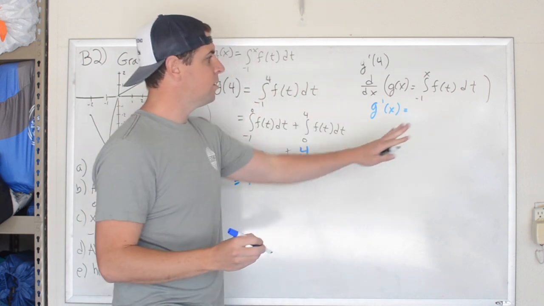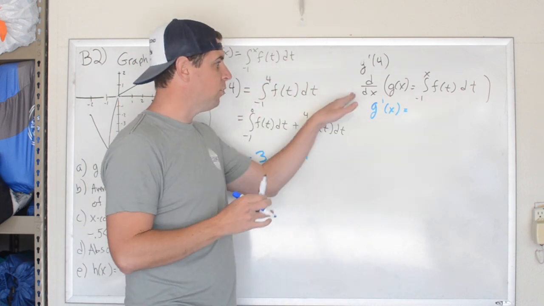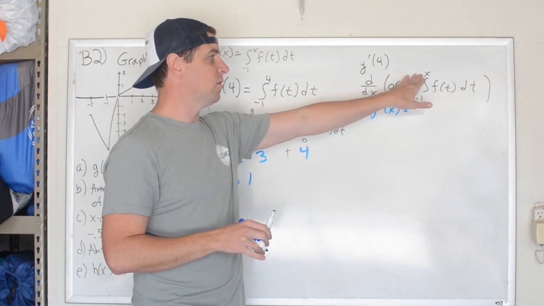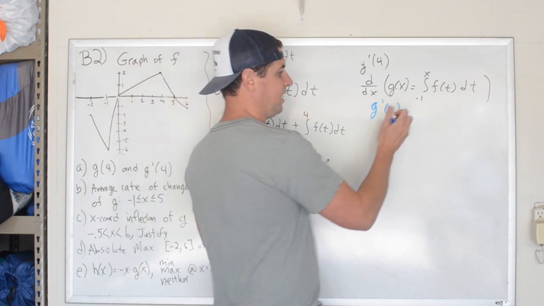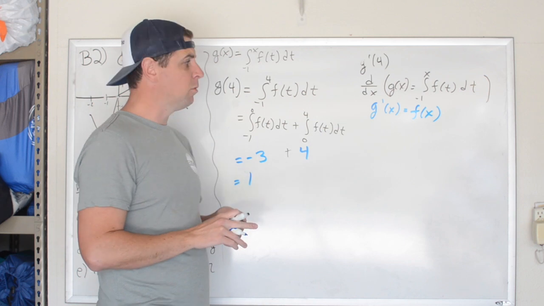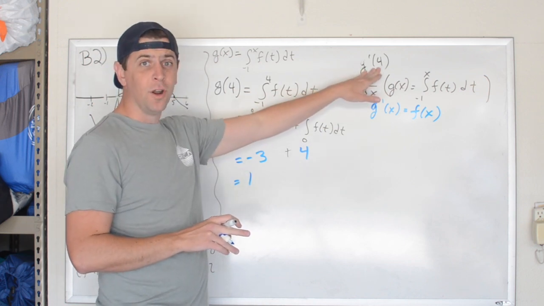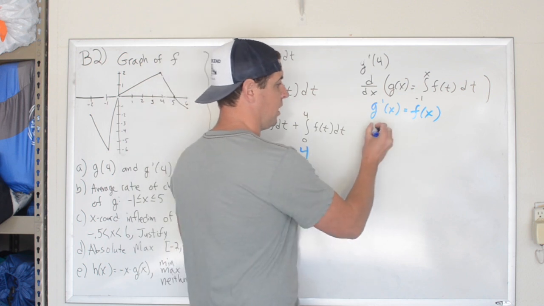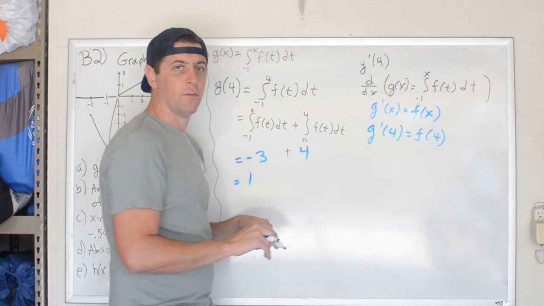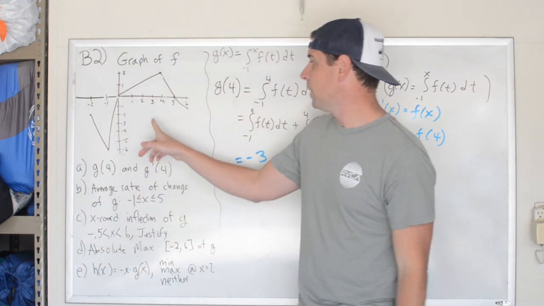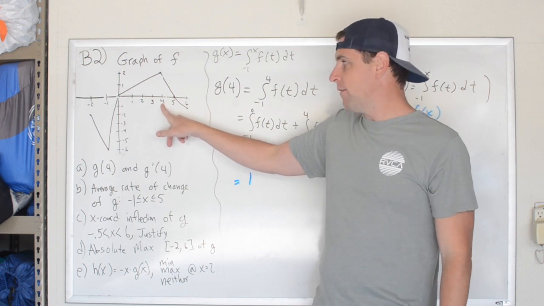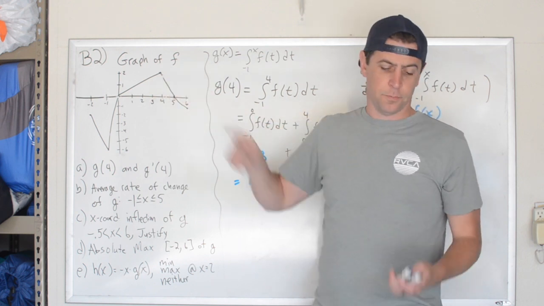And then this is one of our fundamental theorems of calculus, that the derivative of the integral, these kind of inverse operations, undo each other, especially if this is just an x here, so that g prime of x is equal to f of x. So the nice part here now is when we want to find g prime of 4, that would be saying g prime of 4 is equal to f of 4. Well, luckily for us, we have the graph of f of x. So f of 4 is just the function evaluated at 4, or essentially the y value at 4, which is 2.